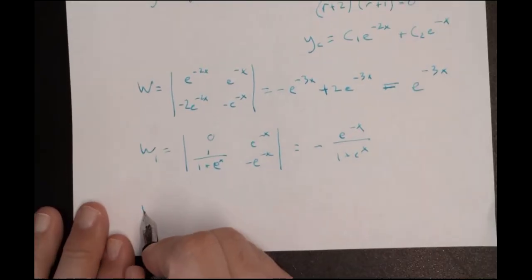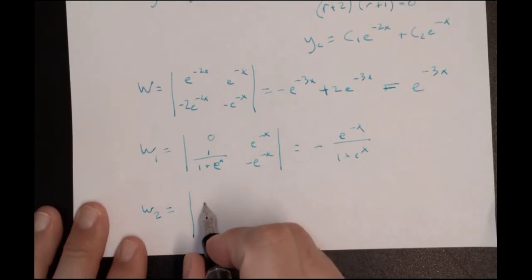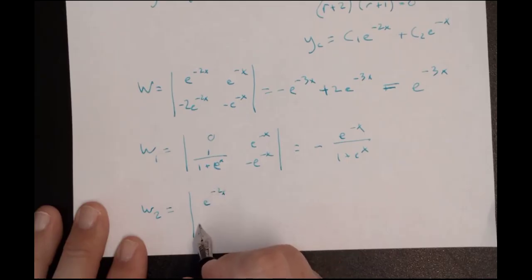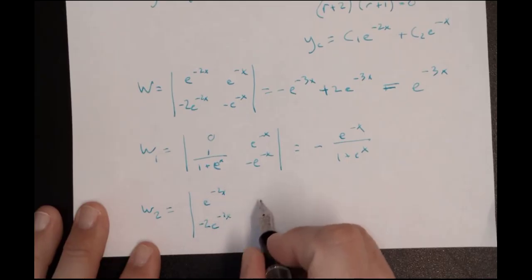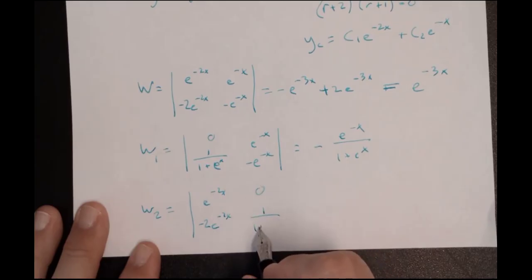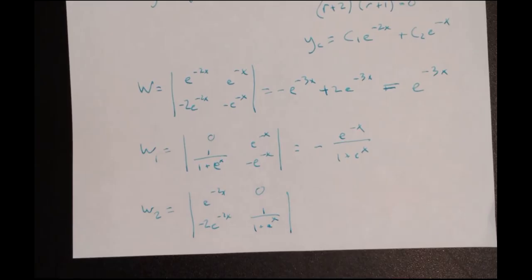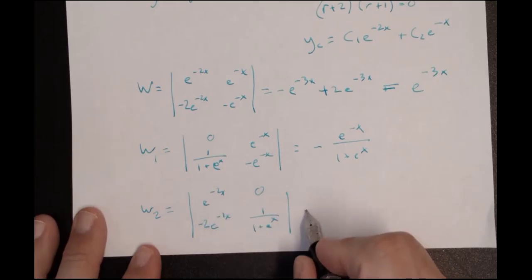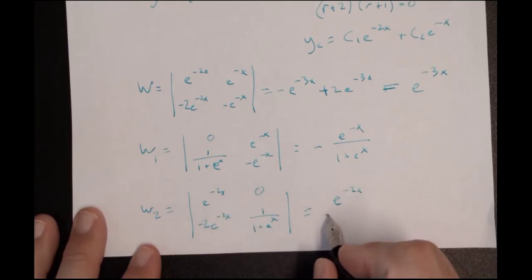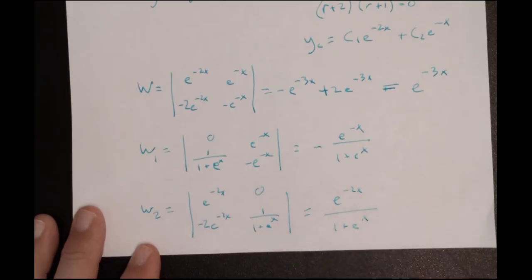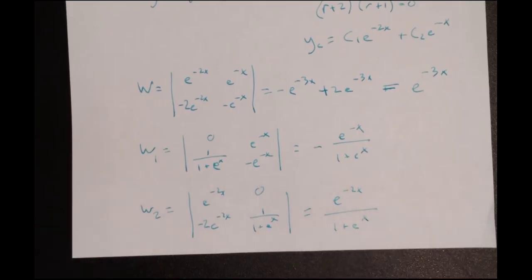When I do W2, I replace the other column. And this time, this multiplication is 0, so I just get this. E to the -2x over 1 plus e to the x. So far, so good?